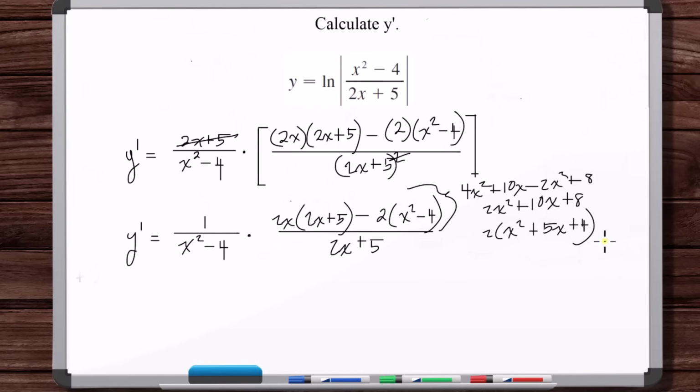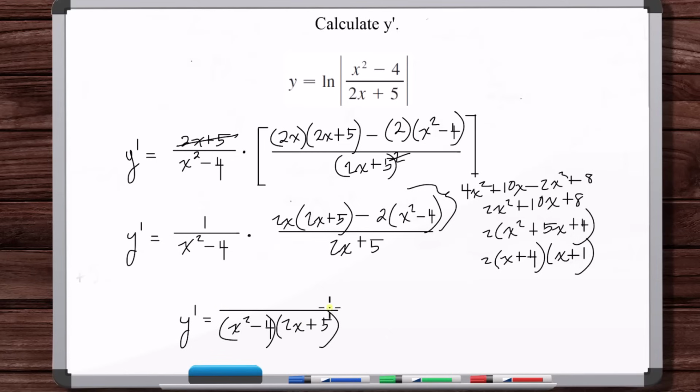So yeah, 4 times 1, so x plus 4, x plus 1. So we've got, and then 2, and let's put x plus 1 first. There we go, that's the derivative.